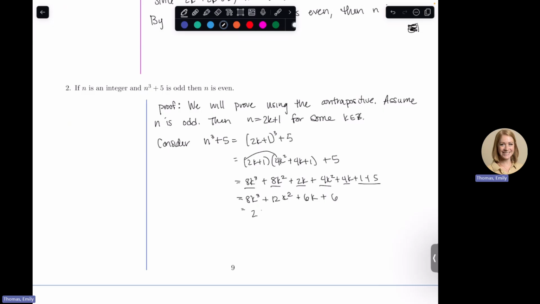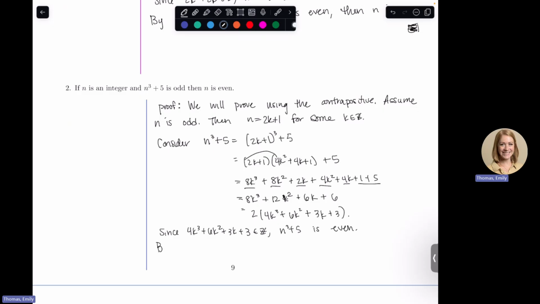We're going to take a 2 out of all of this. So we're looking at 4k cubed plus 6k squared plus 3k plus 3. Since that thing is an integer, n cubed plus 5 is even.